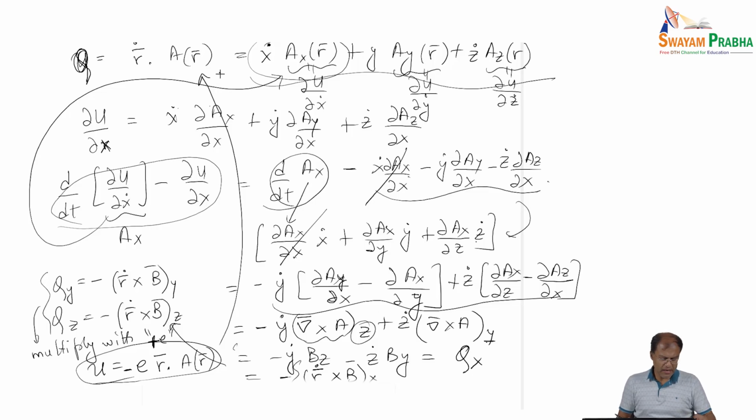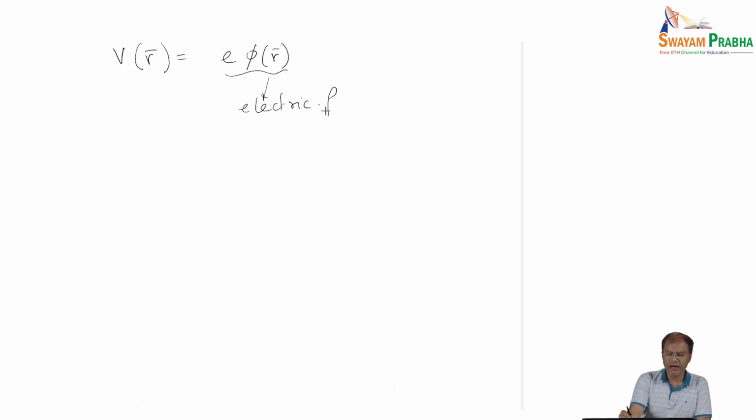Okay, so the final part of the problem is that the net potential V of r is going to be E times phi of r. What is E times phi of r? This is coming from the electric field part. Remember, from the electric field, the potential was very simple because it was conservative; the electric field had its curl equal to 0.